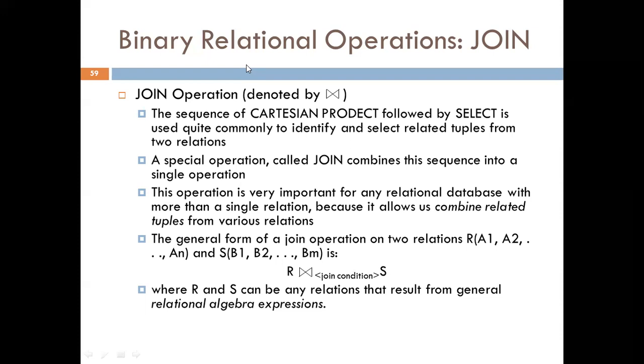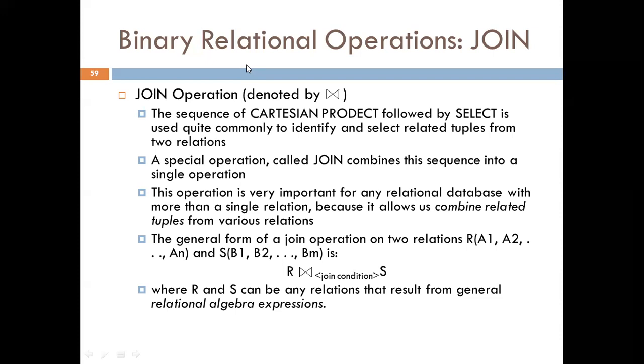Unless they are very basic queries which don't need more than one table, if more than one table is involved in a query, then the join operation is a must. In a join operation, it is a Cartesian product followed by the select operations.